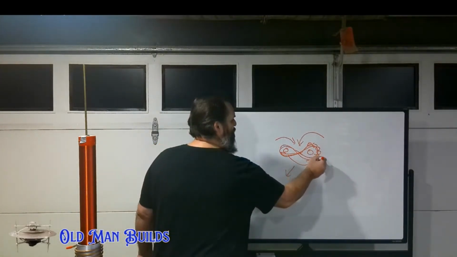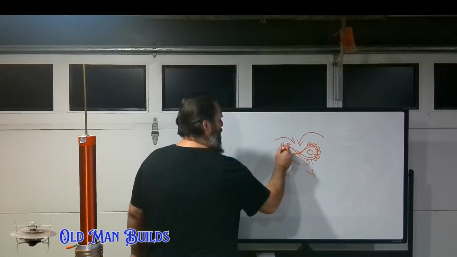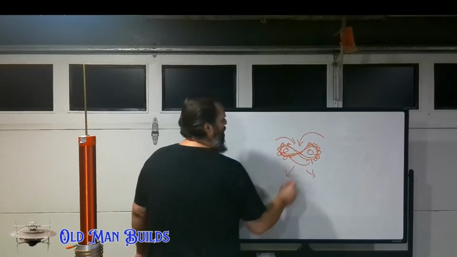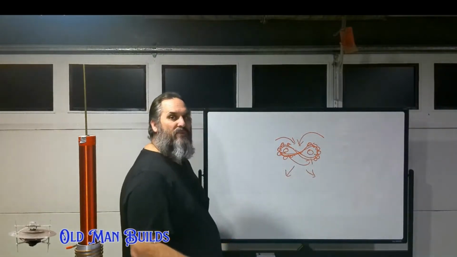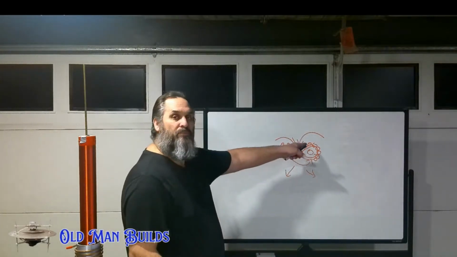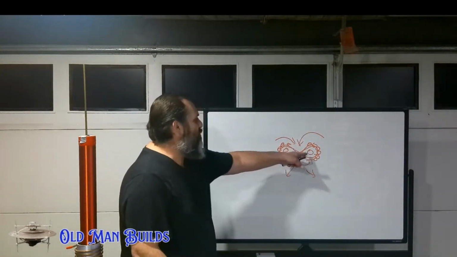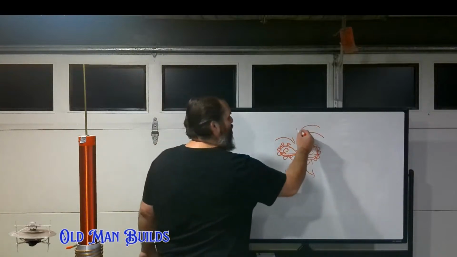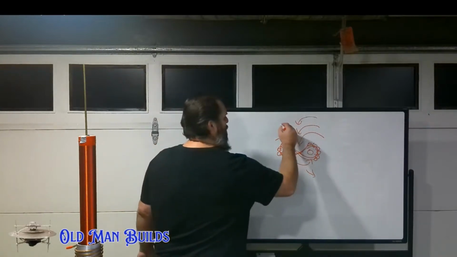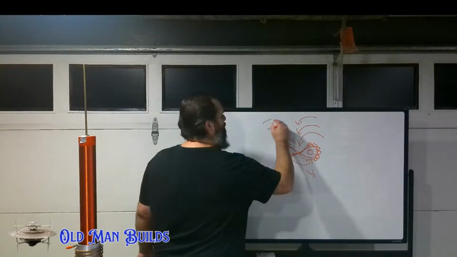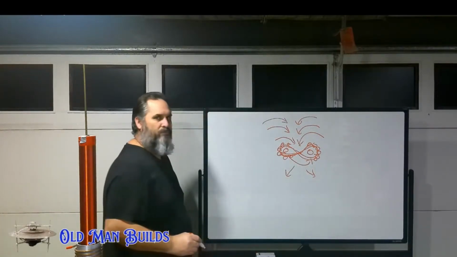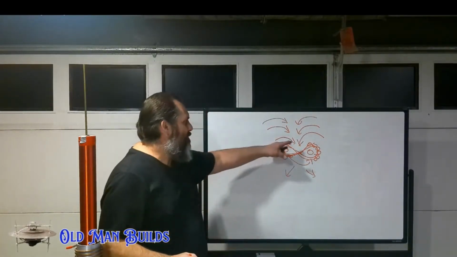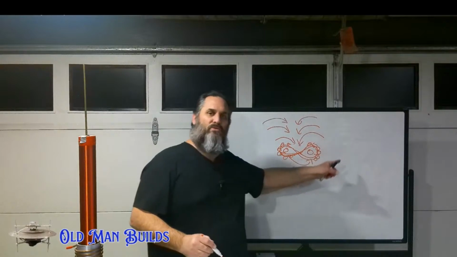If I say these are my electrons, I'm adding electrons to it every time it comes through there. What's the thing that's going on with this then? Well, you see, it continues to add every time it goes through it. Every time it goes through it, it adds more electrons to it.